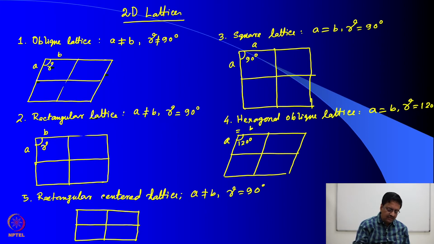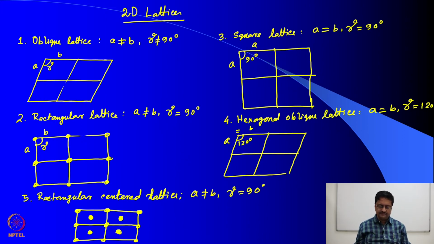Which means in all the previous cases you had atoms only at the corners, but in this particular case of rectangular centered lattice, you have objects at the corners plus the objects at the center of the lattice. So this becomes a rectangular centered lattice, right?